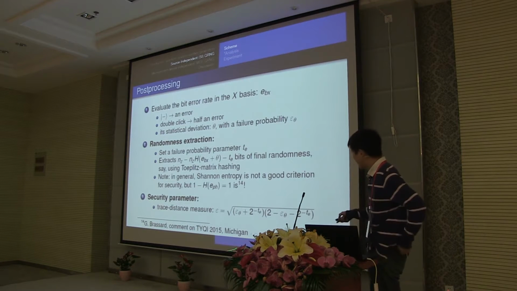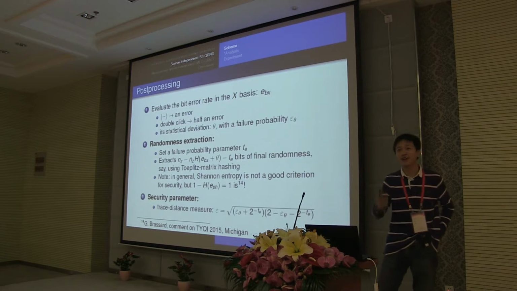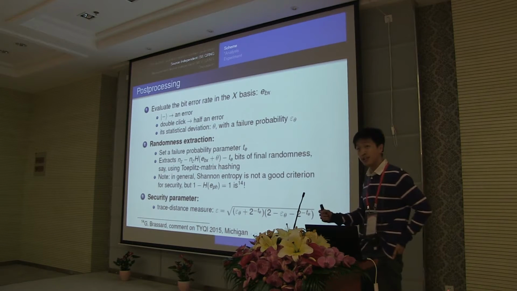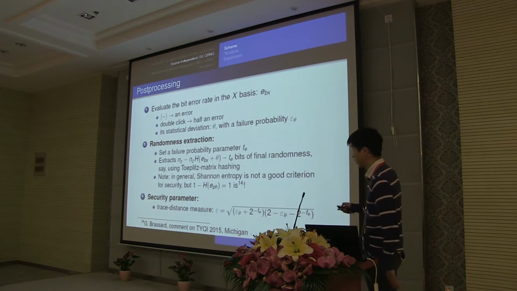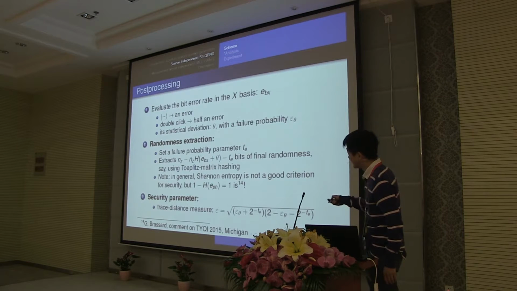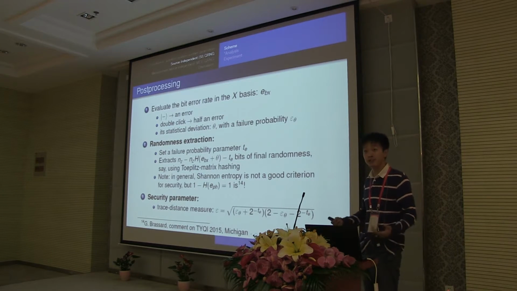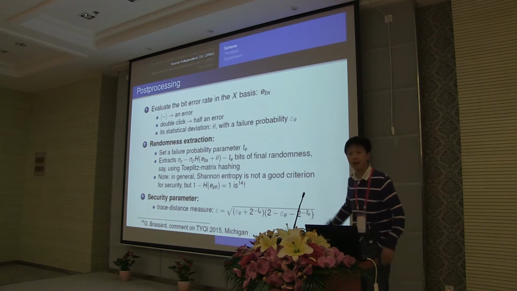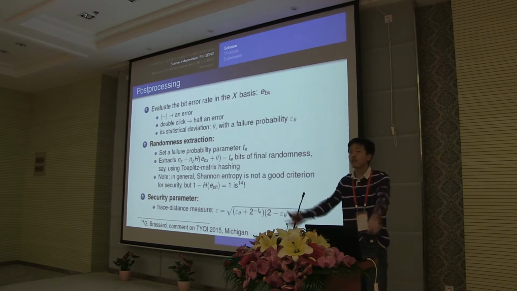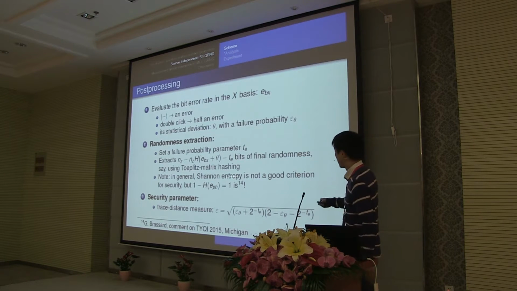Last year in Michigan, at the previous TQC conference, Professor Renner made a comment that, in general, Shannon entropy is not a good quantification. But if your Shannon entropy is 1, then it turns out to become a good measure for randomness. That's the main idea behind this. So if we correct all the errors, suppose we don't have a failure probability for error correction, then your entropy becomes 1.